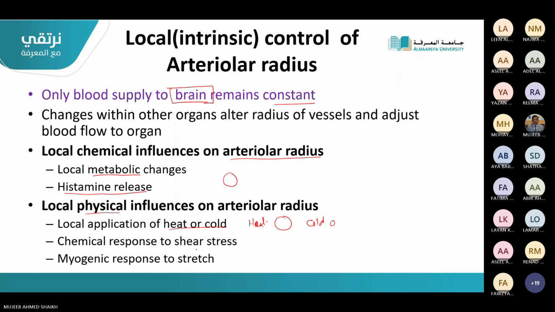Chemical response to the shear stress will also lead to some chemicals being released there, and this will lead to vasoconstriction or dilatation depending upon the chemical. Myogenic response is based on the stretching of the smooth muscle in the blood vessel, which can lead to reflex constriction or dilatation.